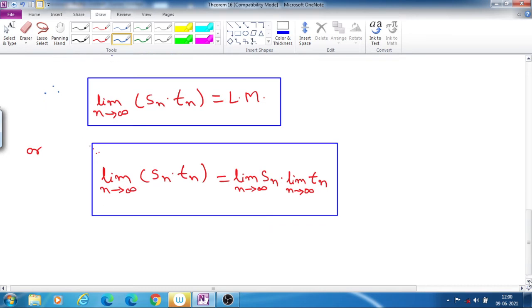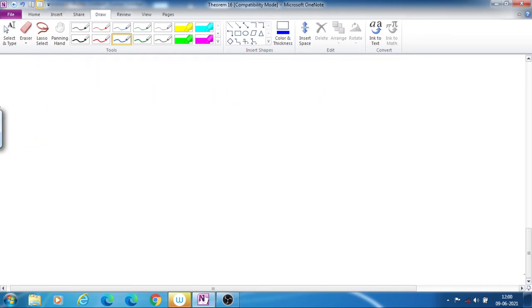Now similarly we see the next theorem, that is theorem 17.